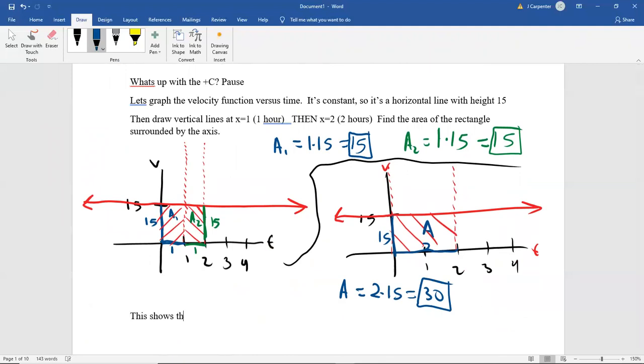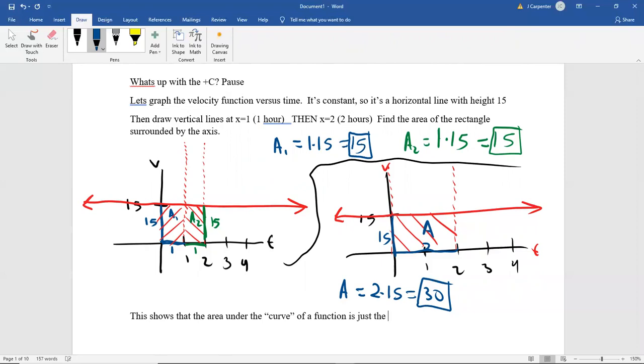This shows that the area under the curve, and I'm saying curve in quotes because yes, these are lines, but we're generalizing the area under the curve of a function.